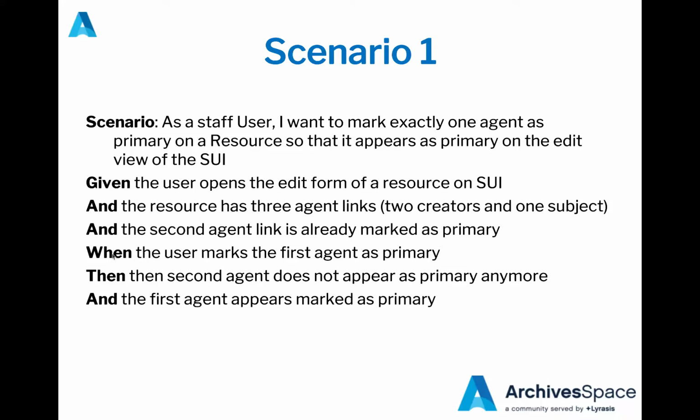Now comes the user actions. So when the user marks the first agent as primary, then the system should react so that then the second agent does not appear as primary anymore, and the first agent appears marked as primary.